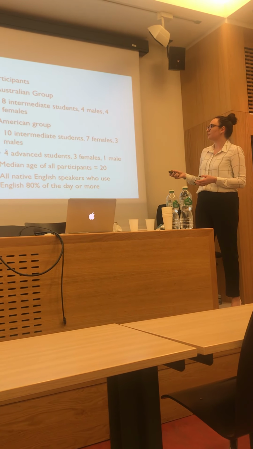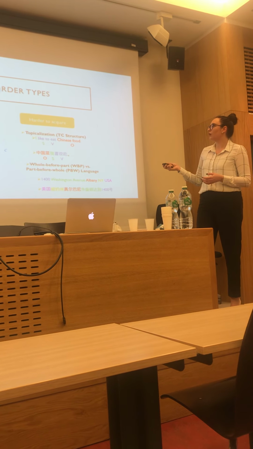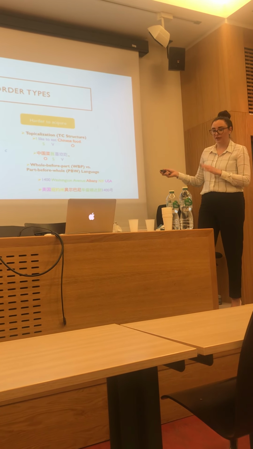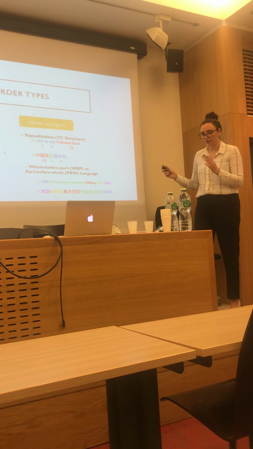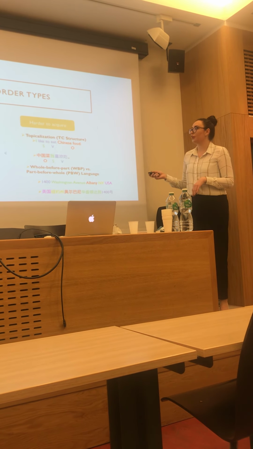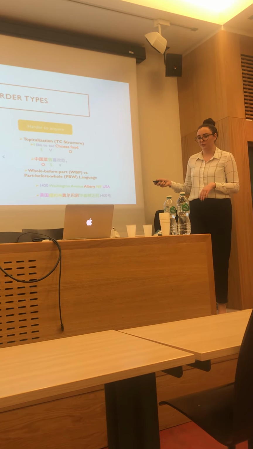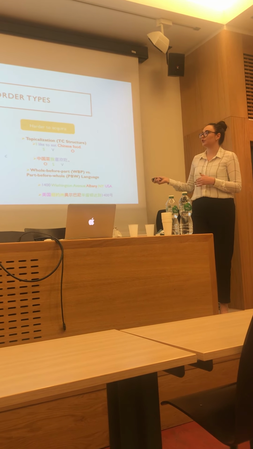I'm sorry, guys. I also had Australian and American learners, so we'll get to that in a minute. But I also think that this follows the iconicity-like principle of temporal sequence, where word order reflects world order.